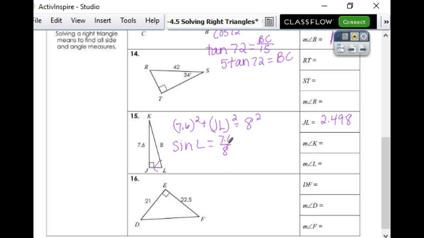I'm finding an angle, so that means you have to use the inverse sine, right? So L equals the inverse sine of 7.6 over 8. And that gives me 71.805. And then how do I find K? I'm just going to subtract because that's the easy way out.